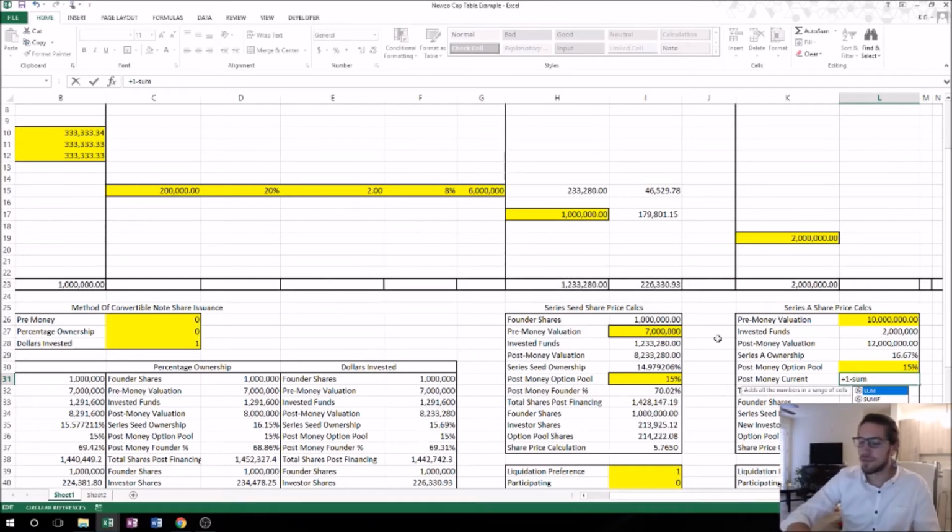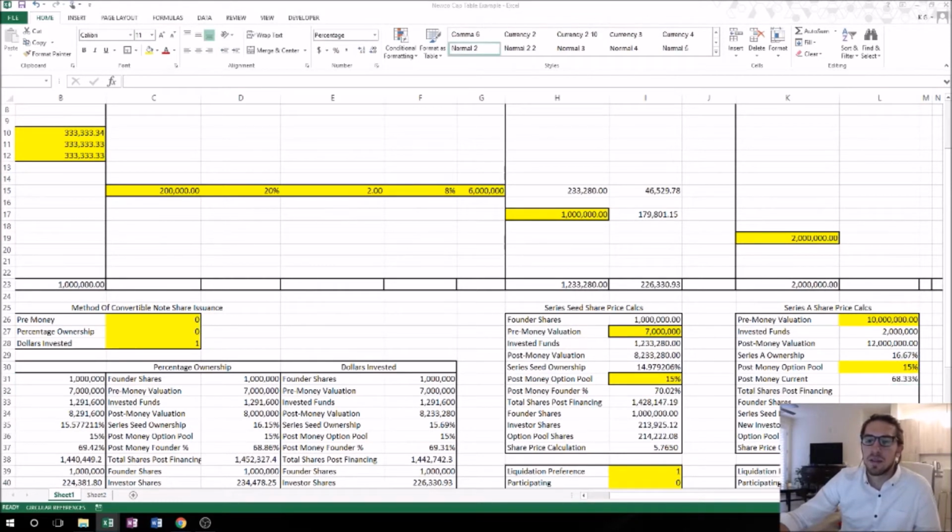And what is being taken away or invested in? It's the option pool and what's being bought by the Series A investors. So 68.33% is what the current ownership will have after this round is closed.